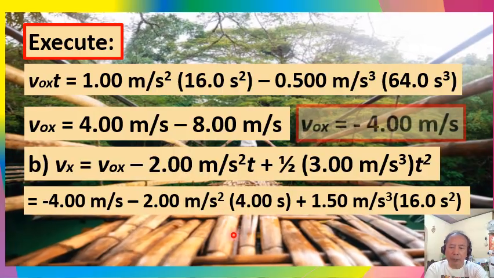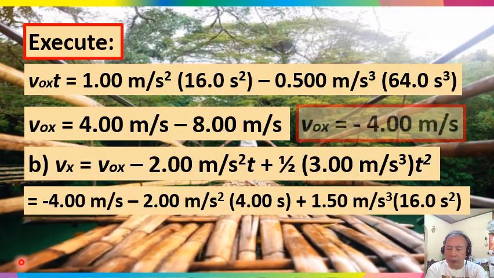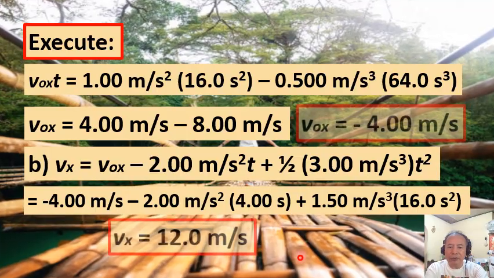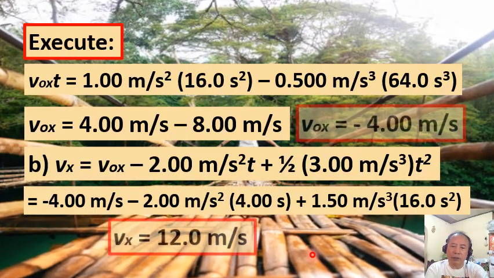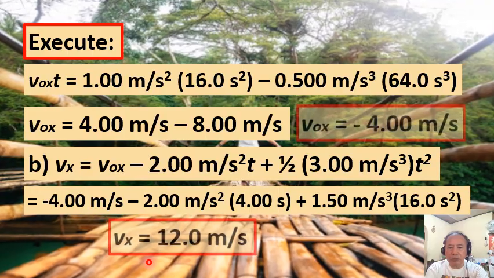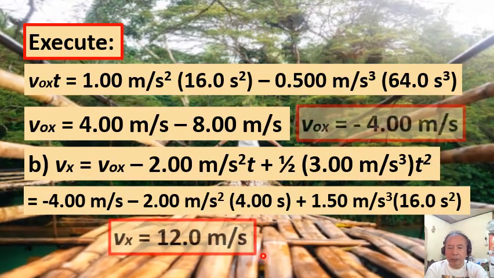So finally, doing our math, we arrive at the value of v_x, or the velocity of the particle at time equals 4.00 seconds. So v_x is equal to 12.0 meters per second.